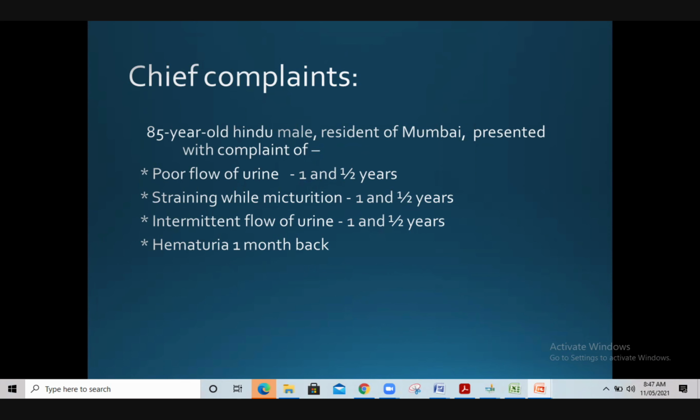In the past 1.5 years, did he have any catheterization or any recurrent UTI? Was he treated for the same? No treatment was done in the past 1.5 years. No history of fever? No.